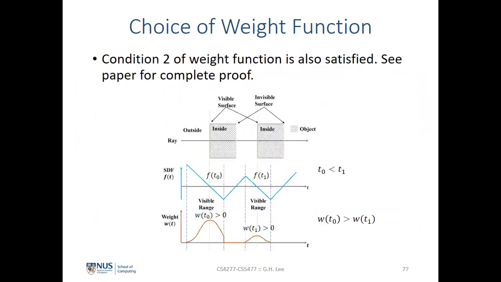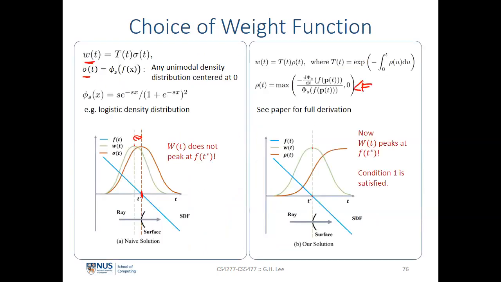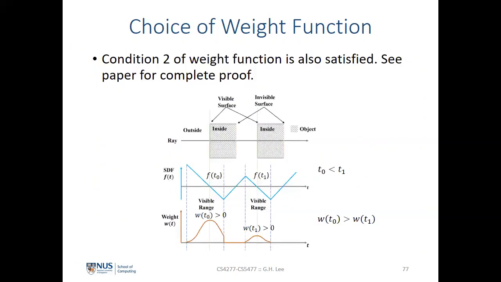And there's also a long proof in the paper, but I will not show the proof. I will just show an illustration, an example here. If you choose rho to be this, and you have two surfaces in a 1D dimension, suppose that T0 is here and T1 is here.